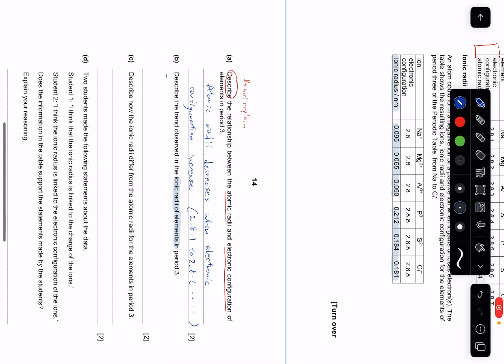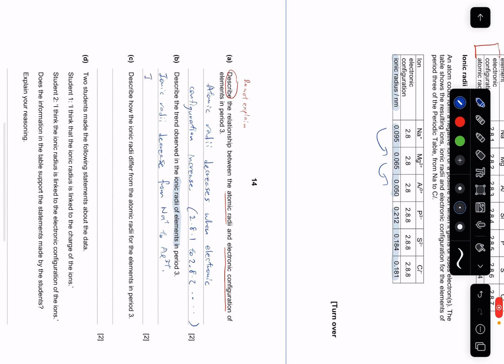So I will say that ionic radii decreases from Na plus to Al3 plus. That's what you can see. So it is 0.95 to 0.065 to 0.05. But you see the other set of data has very different values.